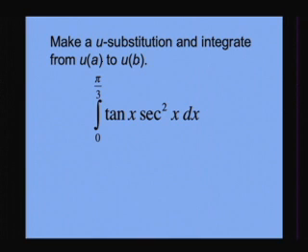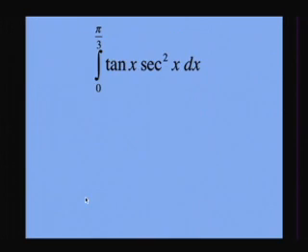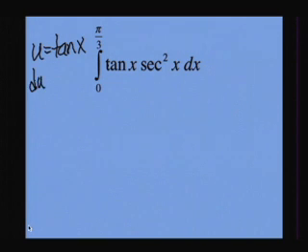And this one we're going to make a substitution of u equals tan of x. And therefore, du will equal secant squared x times dx.